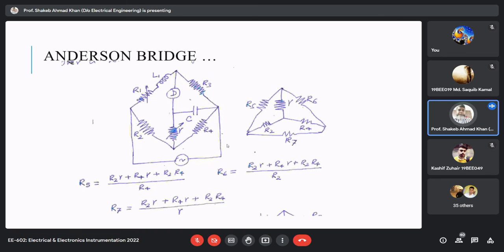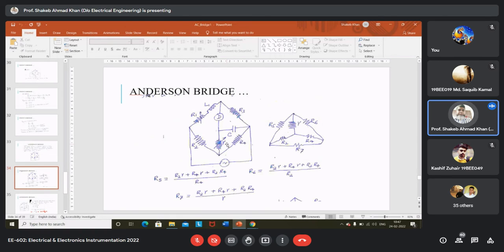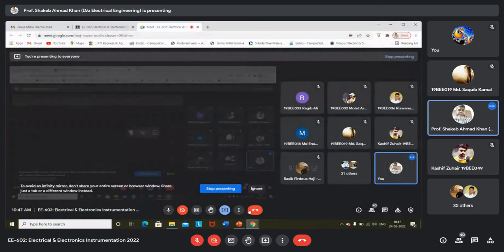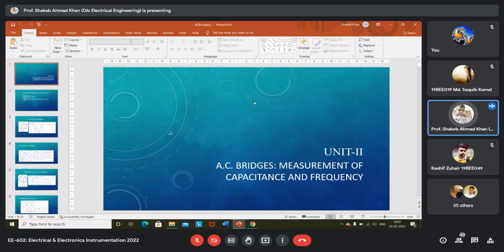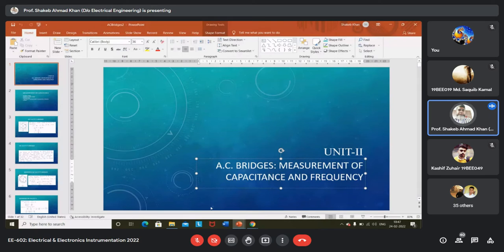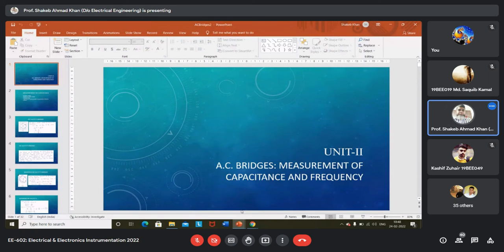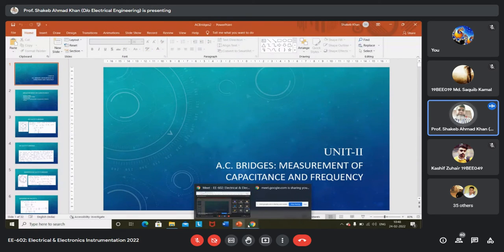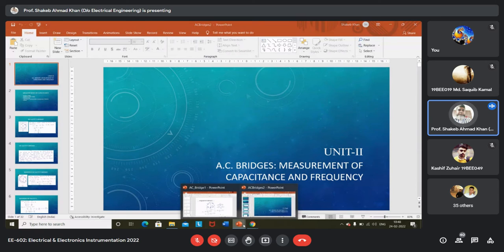Anyway, if you don't have any question, then we'll move to the next part. Now I'll discuss the measurement of capacitance. There are a set of bridges which are used for measurement of capacitance.